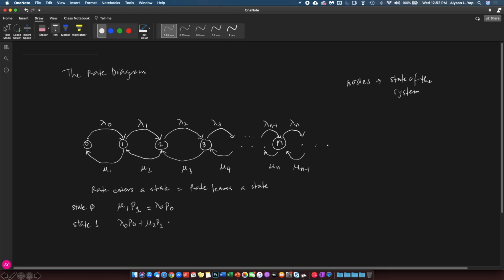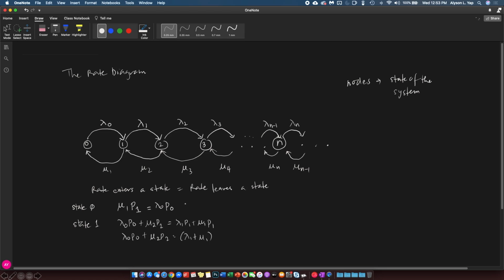And this rate in is equal to the rate out, which is lambda 1 and mu1. So this is lambda 1 P1 plus mu1 P1. Then simplifying, what we have here is lambda 0 P0 plus mu2 P2, and then we will factor out P1. So we have lambda 1 plus mu1 times P1.